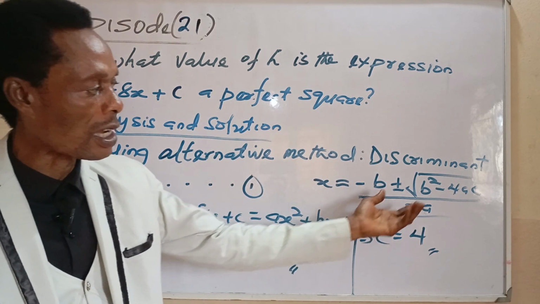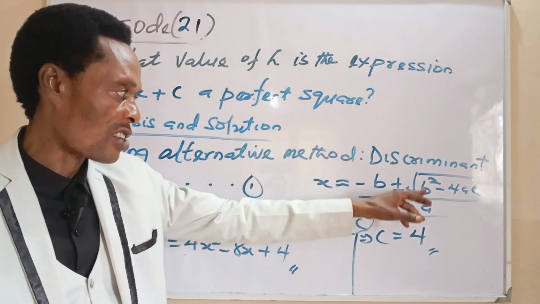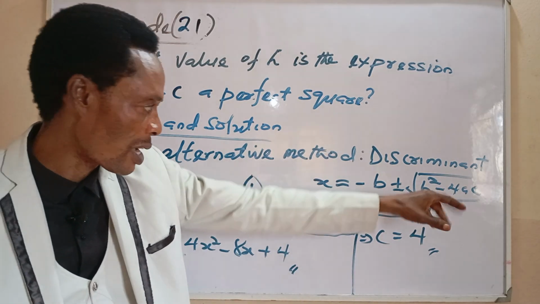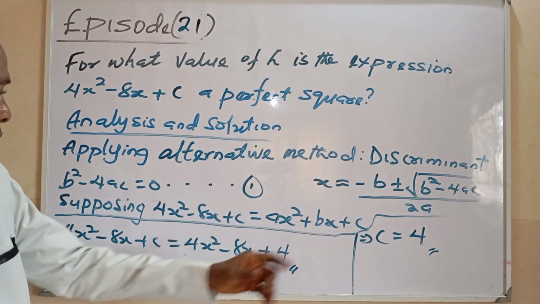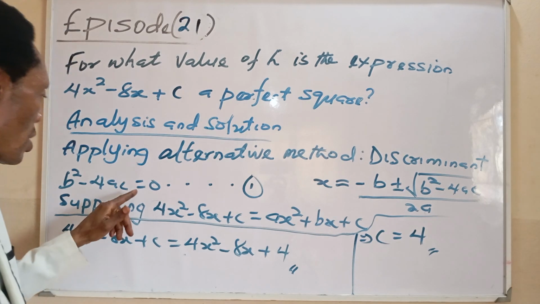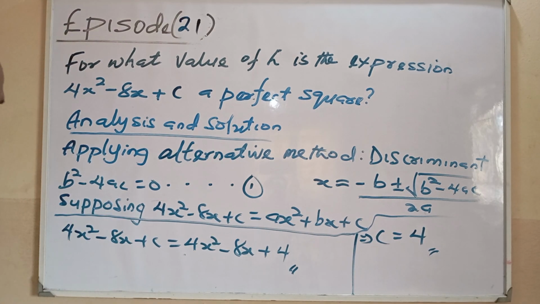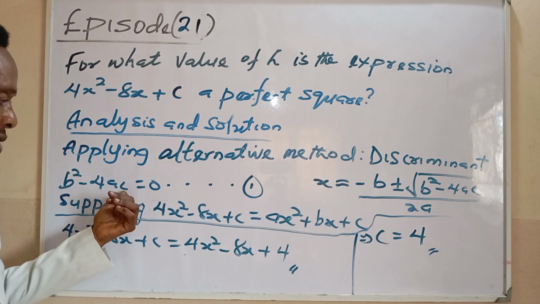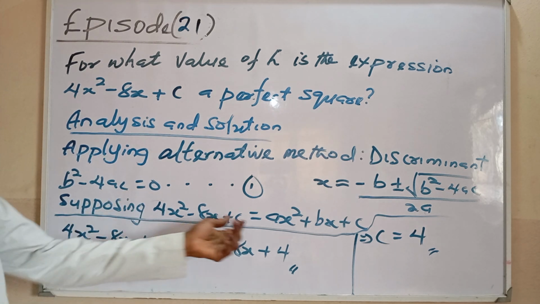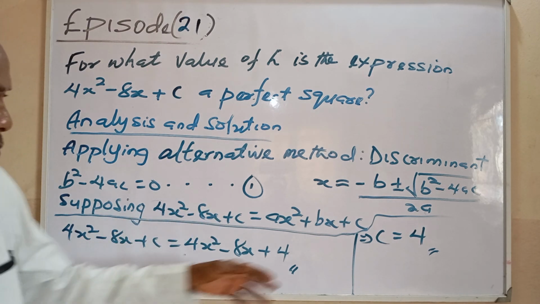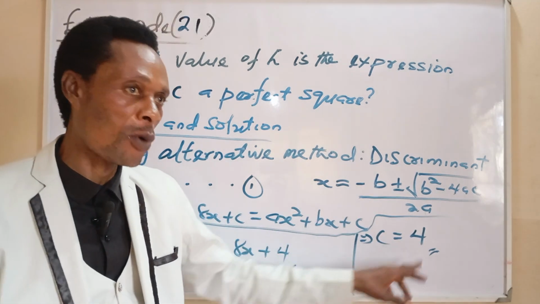From the quadratic formula, I extracted b squared minus 4ac, which serves as my discriminant. I made it equal to zero, and you can see what I have just done here. I made c the subject of the relation, because I'm looking for c from this method, and at the end of the day, we arrive at c being 4.